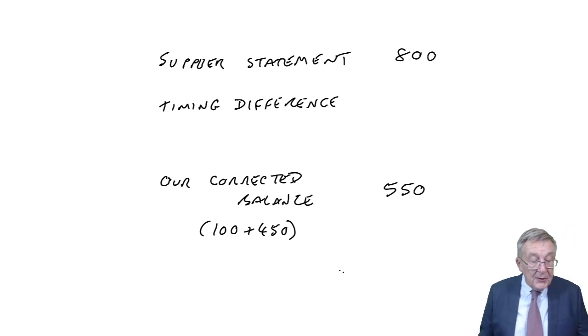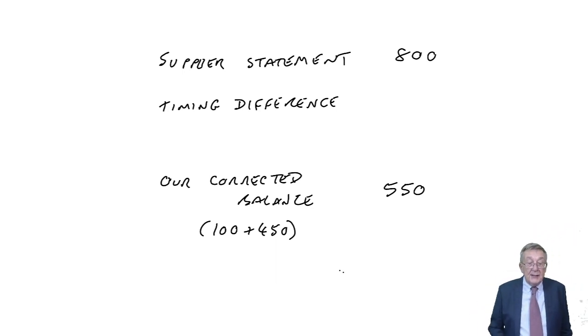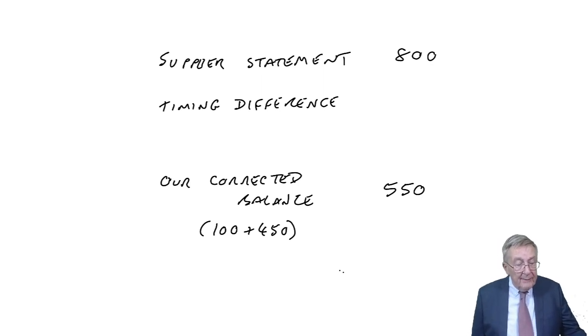The statement shows a supplier as having sent us an invoice for 250 on the 29th of June. We didn't receive the invoice until the 3rd of July, and we entered it on the 3rd of July. So nobody's made an error.